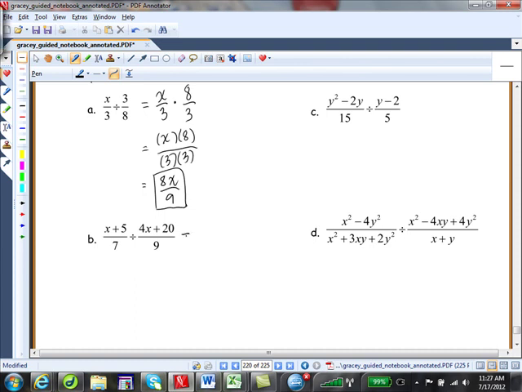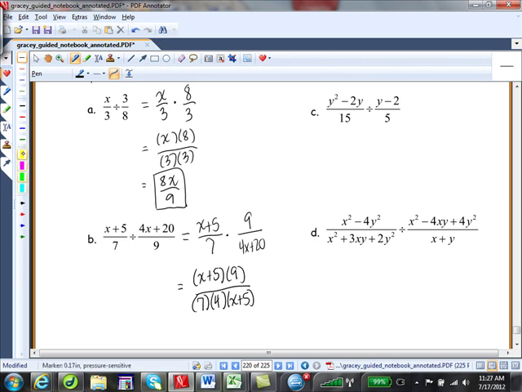We have this one, x plus 5 over 7. We're going to change that to times the reciprocal, which will be 9 over 4x plus 20. Now it turns into our multiplication problem. So we're going to have x plus 5 times 9 all over 7 times, I can factor out a 4, and I'm left with x plus 5.